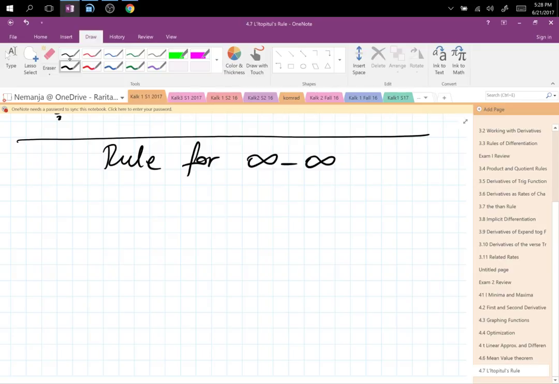So we are technically just slapping another step on top of the previous problems. So we had this vanilla state, right, the default state, where you have a problem that is immediately 0 over 0, infinity over infinity. Take the derivatives and you're done, right? And then we had the next level up of the problem, which was multiplication problem, which you use the trick to transform into division problem.